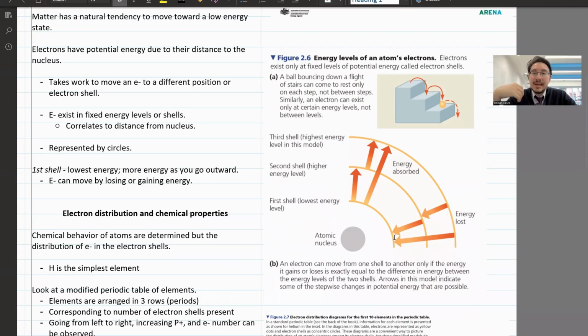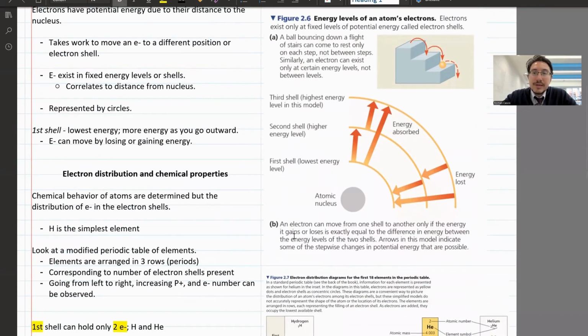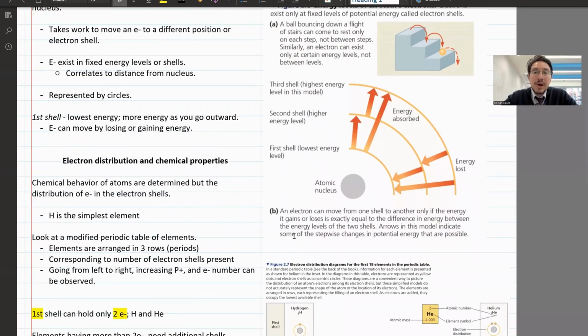But if you gain energy, you excite an electron so that it can jump from one level to another, as we're going to look at later. The first shell has the lowest amount of energy, and as you go outward, there's more energy within the shells. Electrons can bounce between these energy levels depending on how much energy they gain or lose.